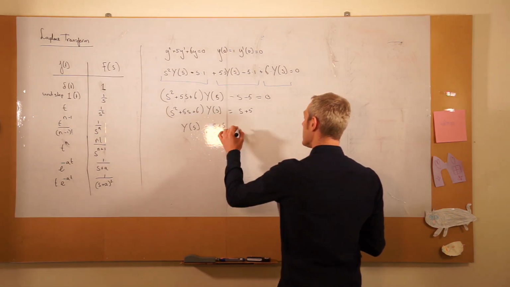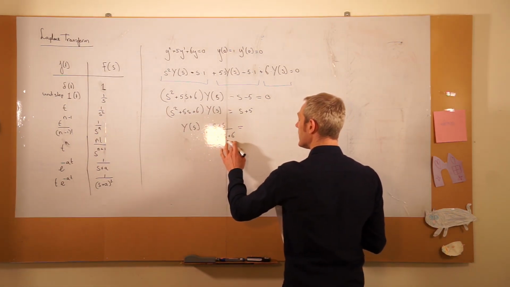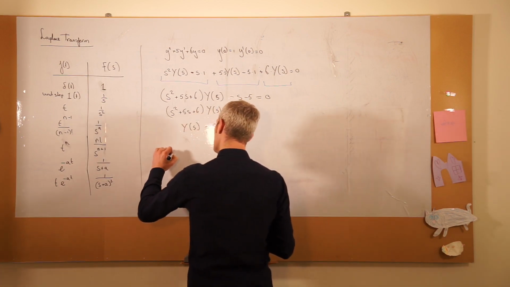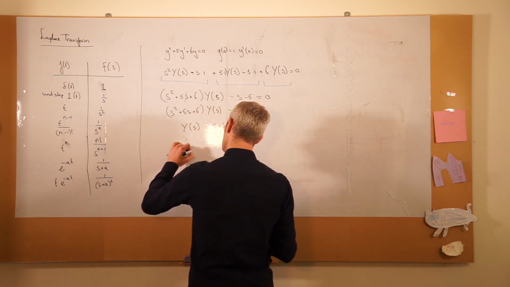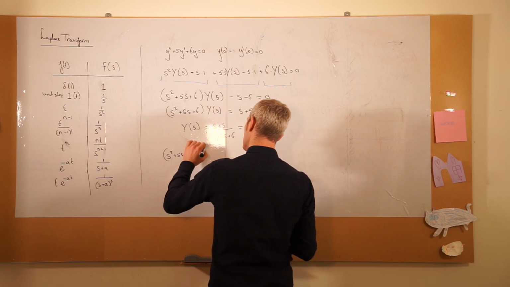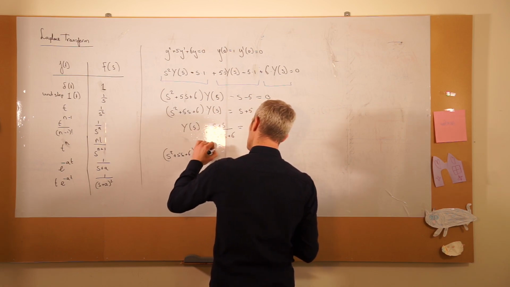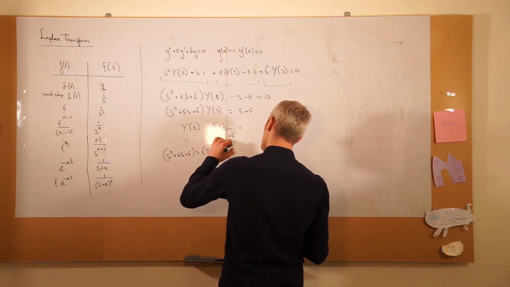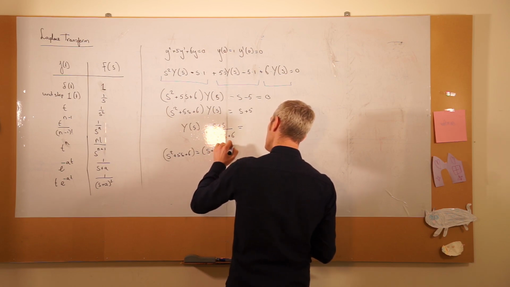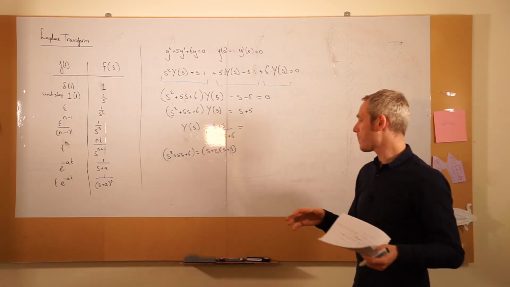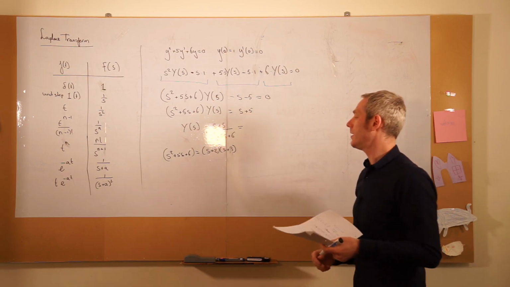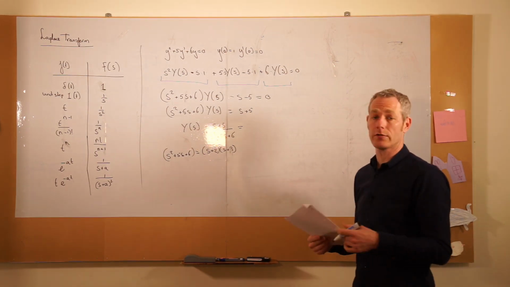But it means that, because I know that s squared plus 5s plus 6 can be written as (s plus 2) times (s plus 3), I can write this as a multiplication of two terms.